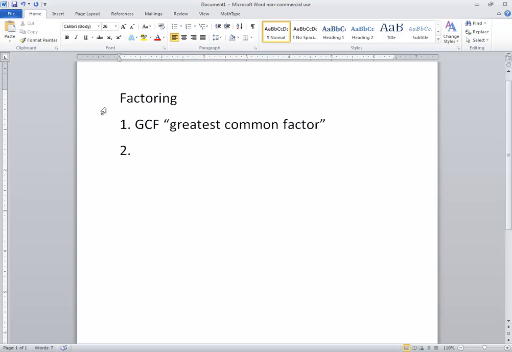We have our second method, which is grouping, and this was when you have 4 or more terms. We have our third method, which is PST, which is the form x squared plus bx plus c.